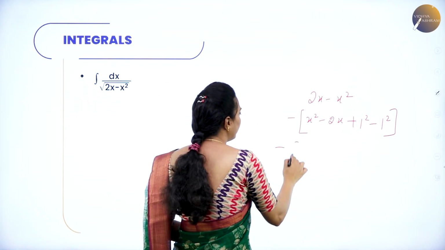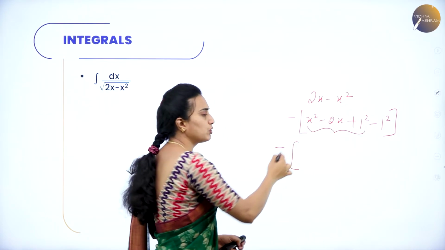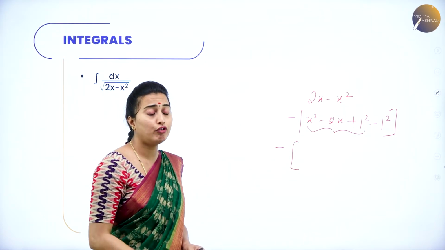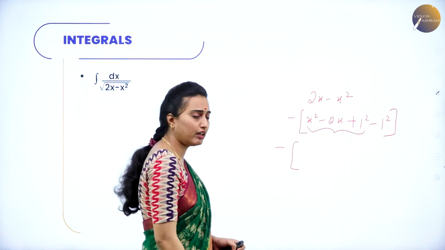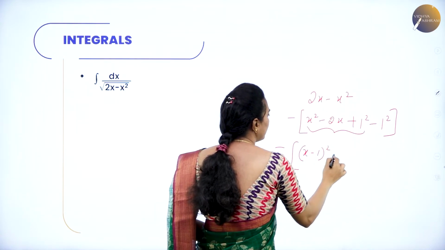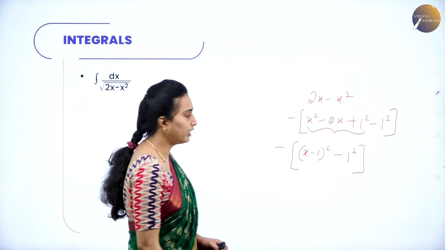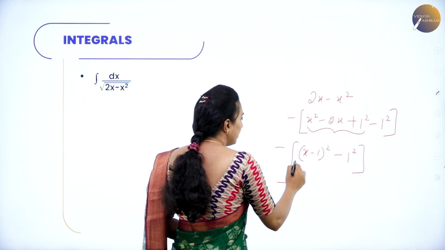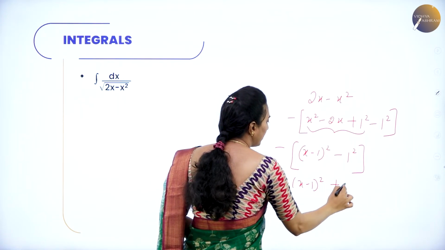Now minus of, you can observe, dear students, x squared plus 1 squared minus 2x is in the form of a squared plus b squared minus 2ab. Therefore, I can write this as x minus 1 whole squared minus 1 squared. Now multiplying the minus sign inside, it becomes minus of x minus 1 whole squared, minus into minus plus 1 squared.